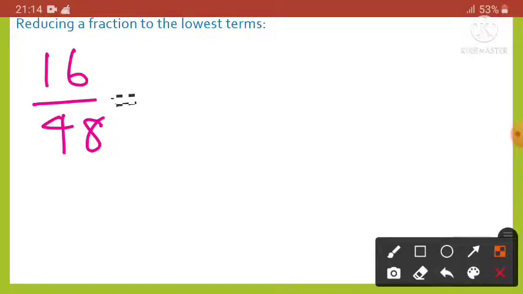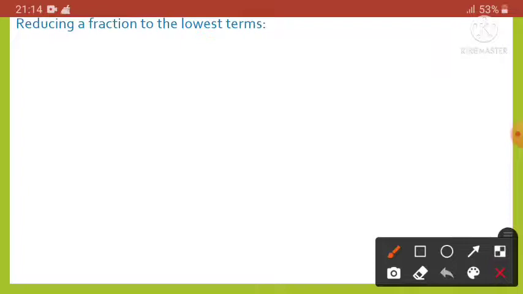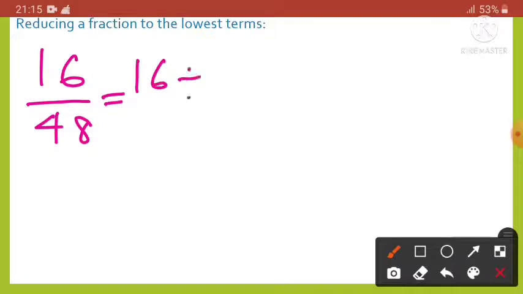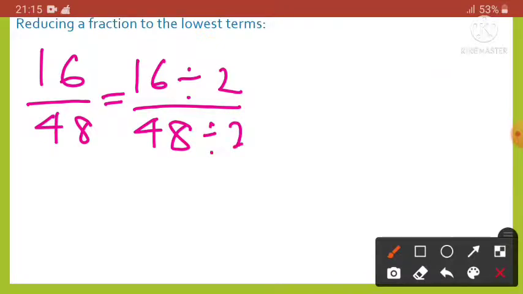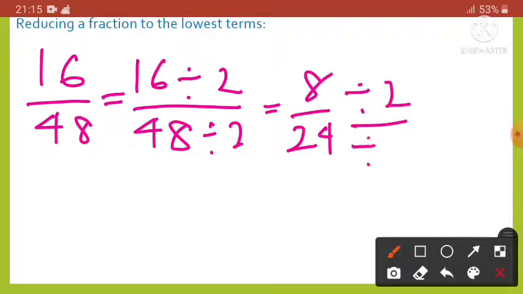So suppose the fraction is 16 by 48. At first we are dividing 16 and 48 by 2, that is the common factor. So we are getting here 8 by 24. Again if you divide by the common factor 2, we are having 4 by 12.